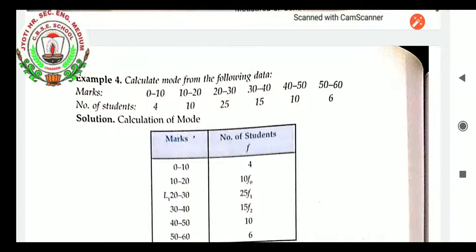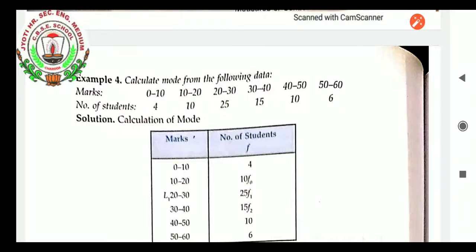Nothing has to be calculated here. We just have to observe and inspect which frequency is maximum. That is 25, which lies in the model class 20 to 30. Like the median class, now there is a model class, so let us take 20 to 30 as the model class.